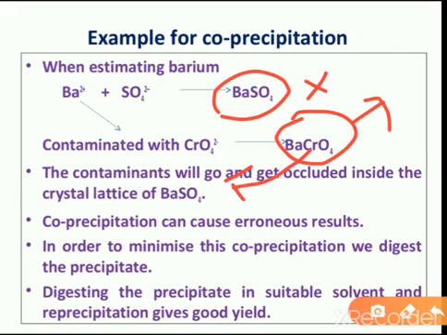And also co-precipitation can cause erroneous results, which means it gives the wrong result. So we need to avoid the post precipitation.